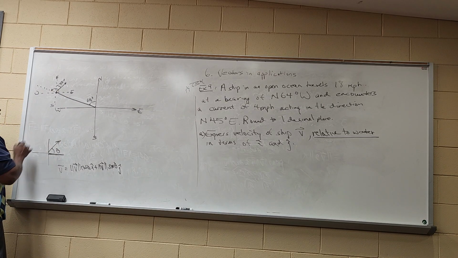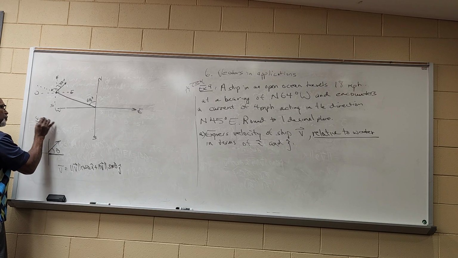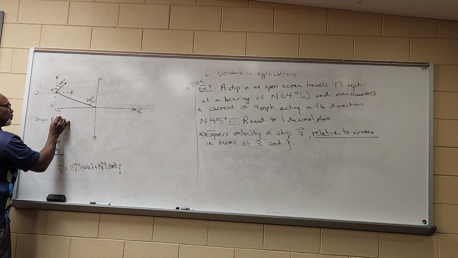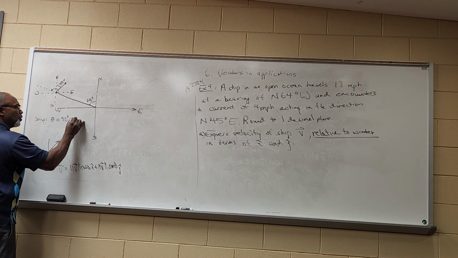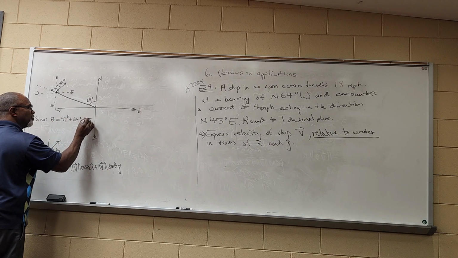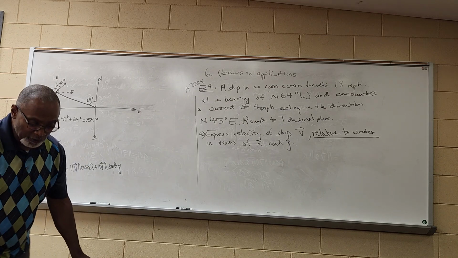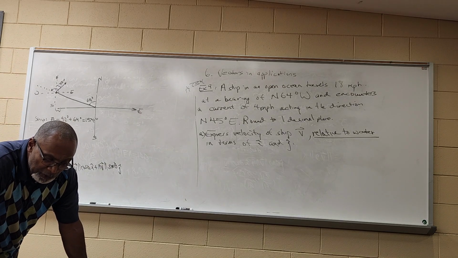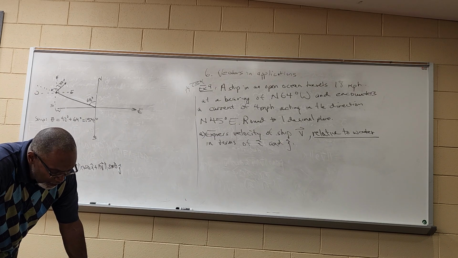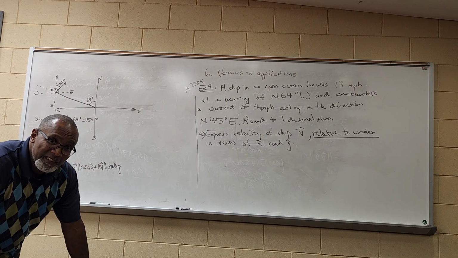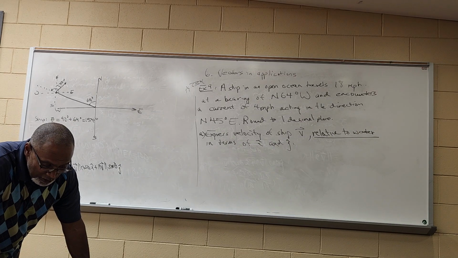So theta would be 90, that's from here to here, plus 64. That's a 154 degree angle. So theta for the ship is 154 degrees. The angle for the ship relative to the water, that's the key here.